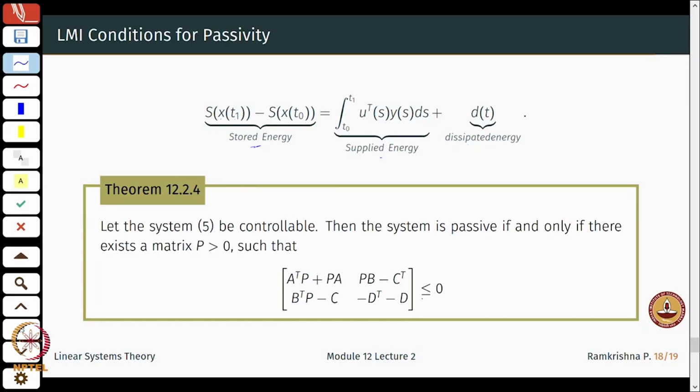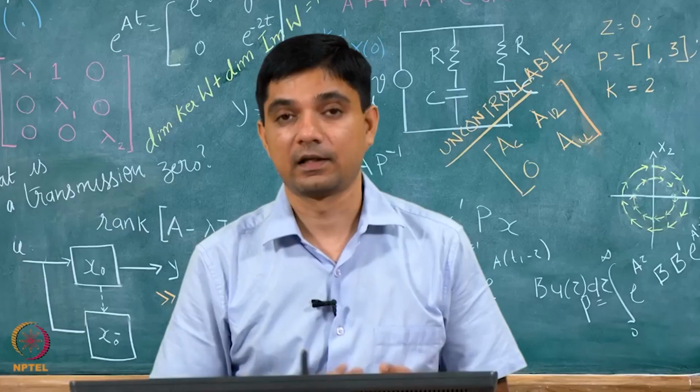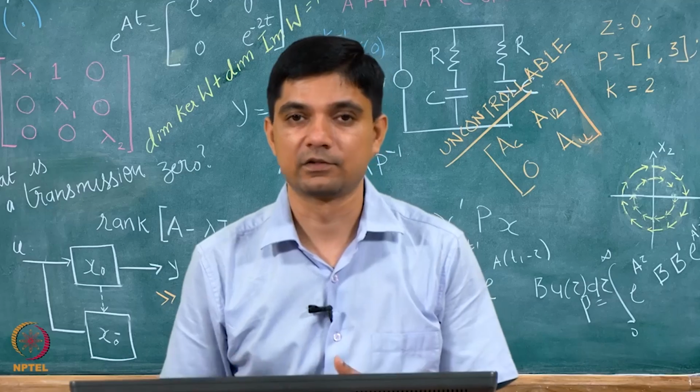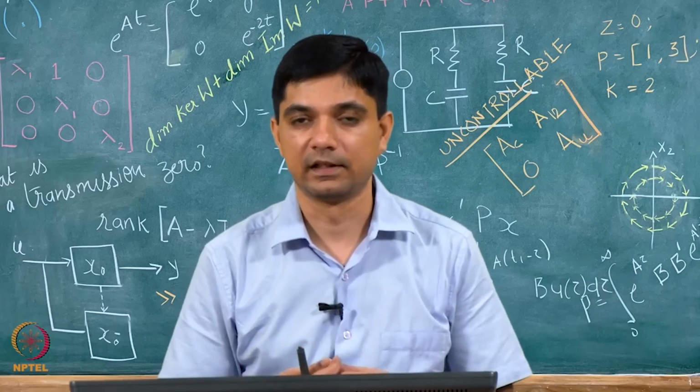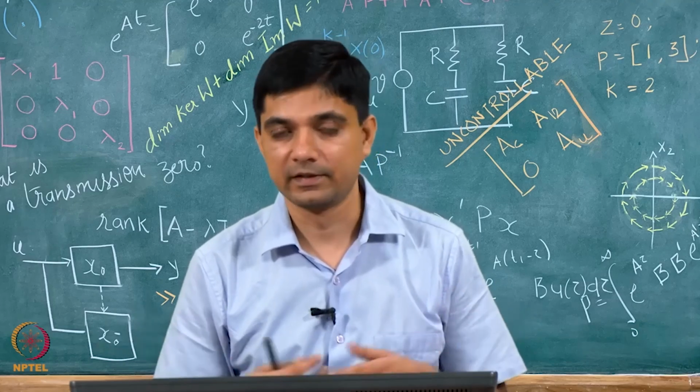To check whether or not a system is passive, I just plug in this inequality. Of course, there is a bunch of literature on what we can do with passivity, how passivity relates to stability, and things like passivity based control.